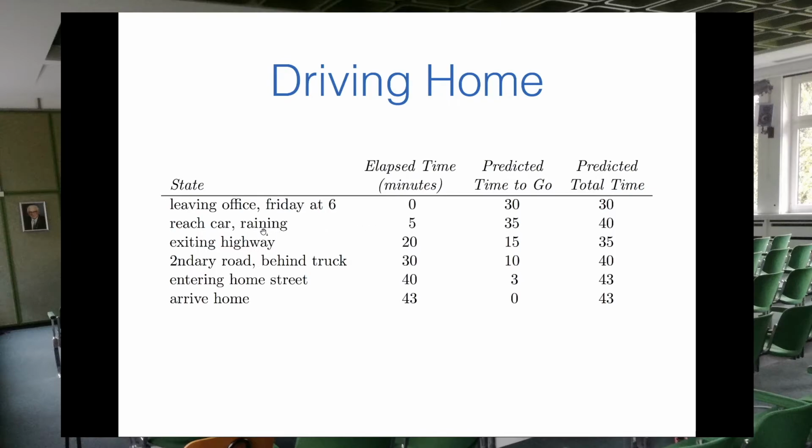But when you reach your car, you notice that it is raining, and then you update your prediction. You say, okay, maybe because it is raining, I will go slower than what I thought, and then I will still need 35 minutes to get home. So the prediction now would be 40 minutes in total from the office to the home.